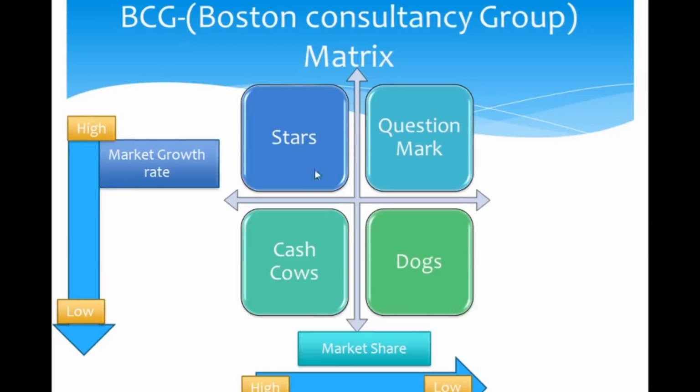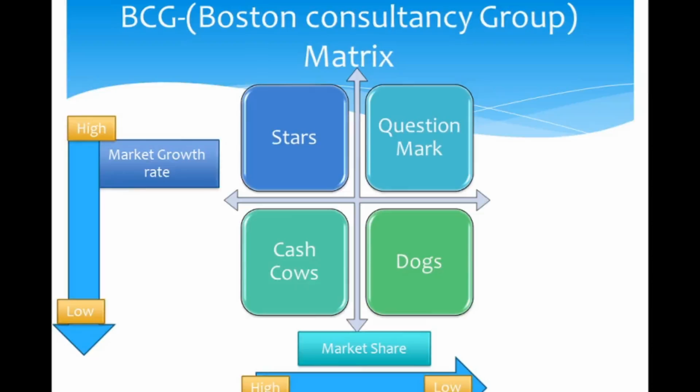And the best mask manufacturer will get the highest sales, isn't it? Many consumers will go to him only. The same thing is happening with stars. The consumers want that product, they are attracted towards it, and your company is the market leader in manufacturing that product. That is stars.